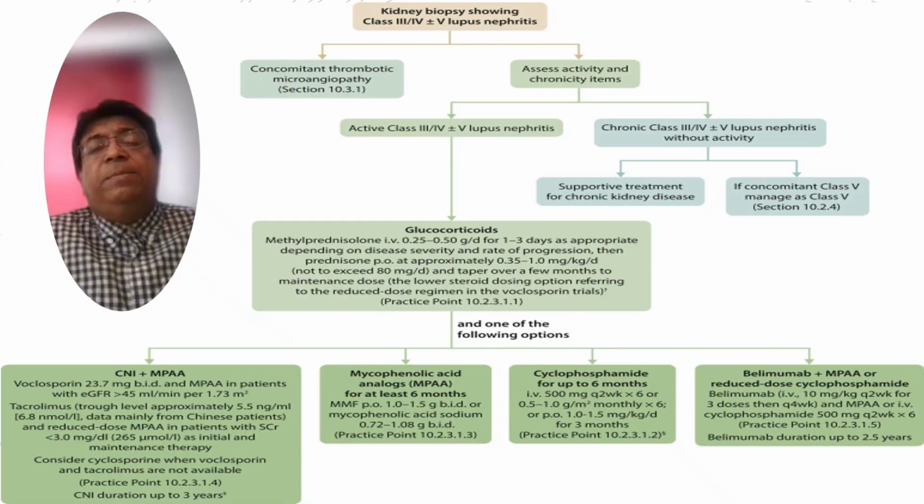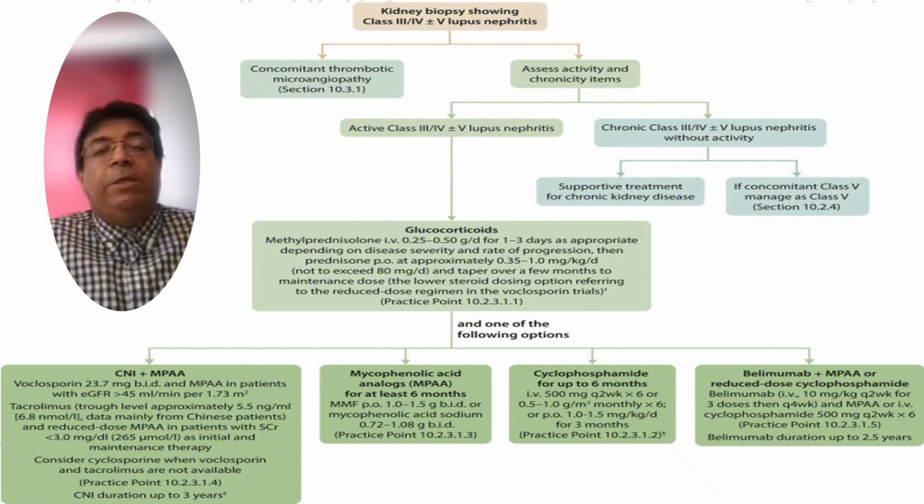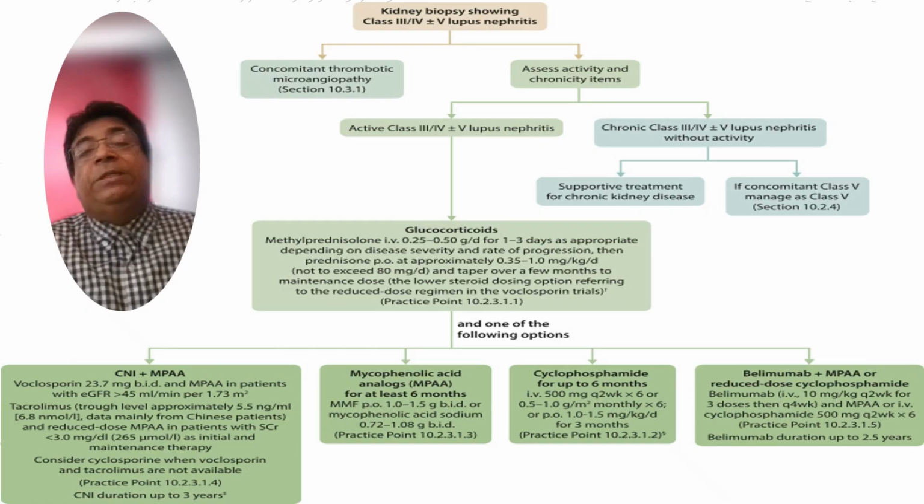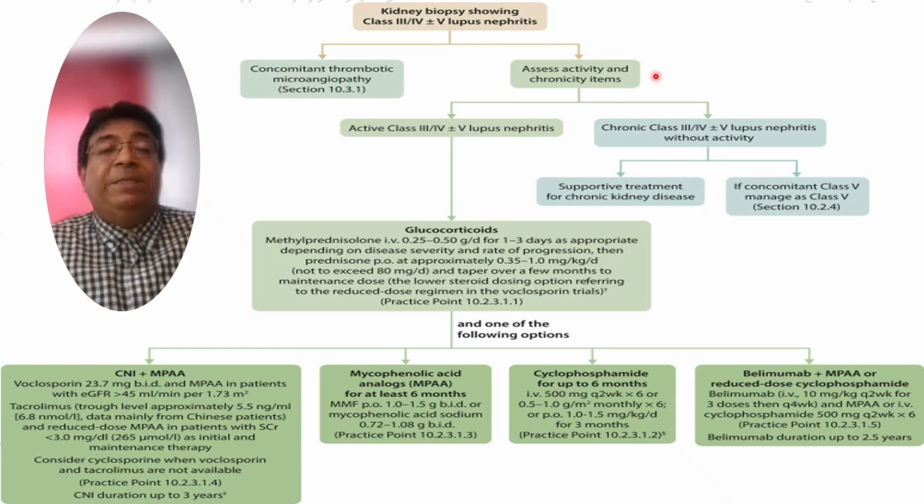If the kidney biopsy shows class 3 or class 4 lupus, plus or minus class 5 lupus nephritis, then of course the first thing is to assess the chronicity. If there's marked chronicity, generally more than 50% fibrosis, then immunosuppression is likely not indicated and more harmful than good.